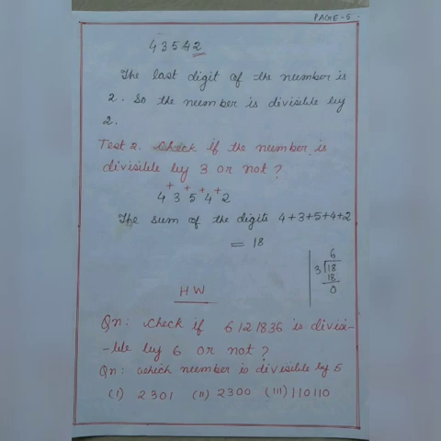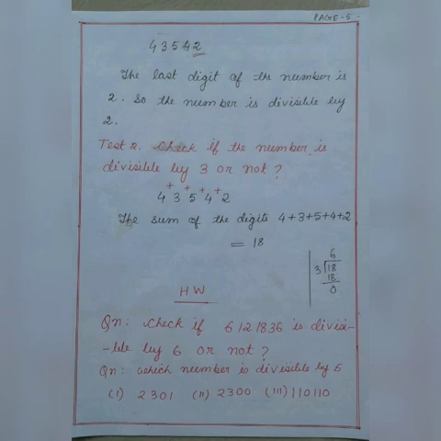Now, test number 2, we shall check if 43542 is divisible by 3 or not. How can we do that? We have to add all the digits, that is 4 plus 3 plus 5 plus 4 plus 2, and divide the sum of the digits by 3.